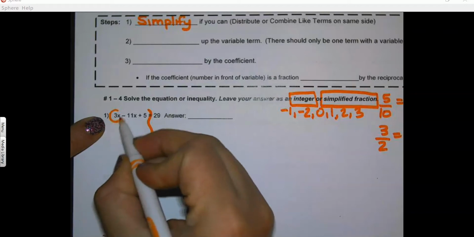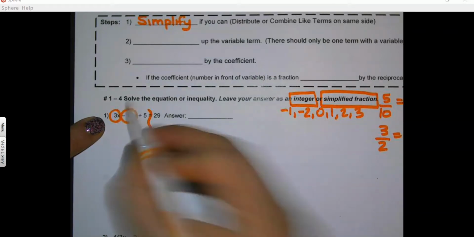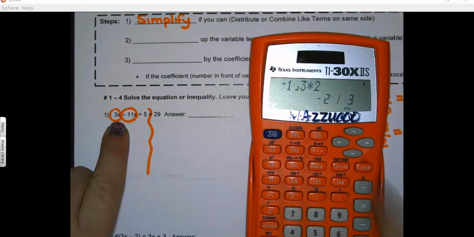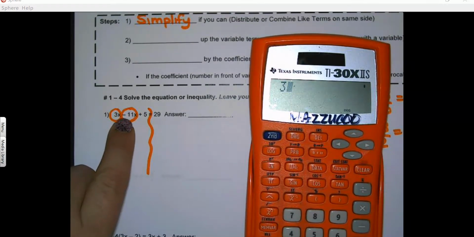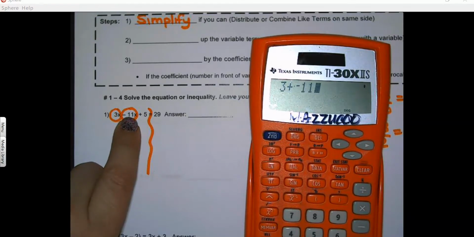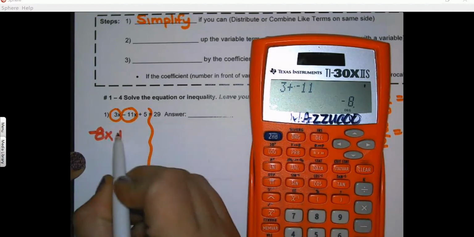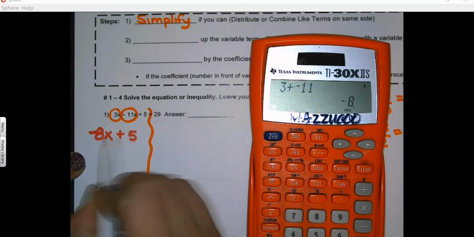We can combine 3x and -11x together. So we have 3, and when we're combining like terms, we're adding. So 3 plus -11, or 3 minus 11, you get -8x, and then we're going to bring down the 5. We can't put these together because this has an x and this doesn't. They're not like terms.